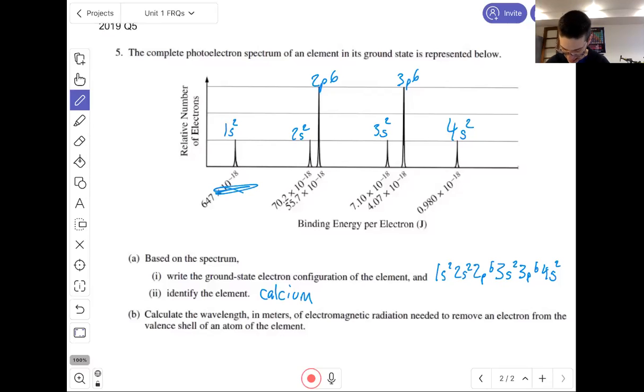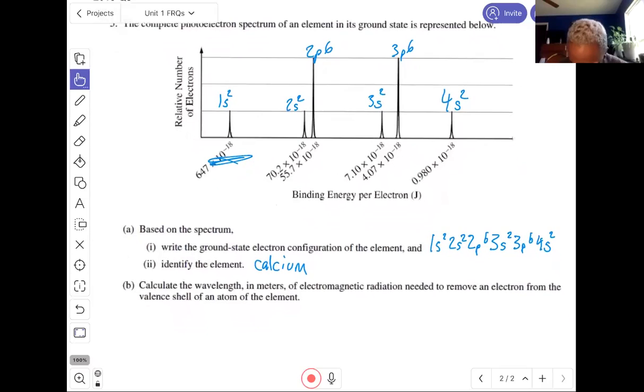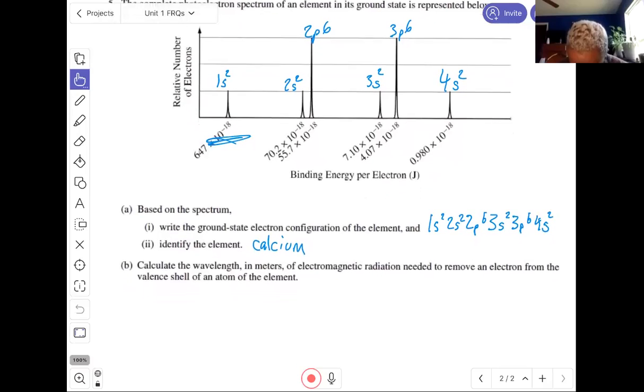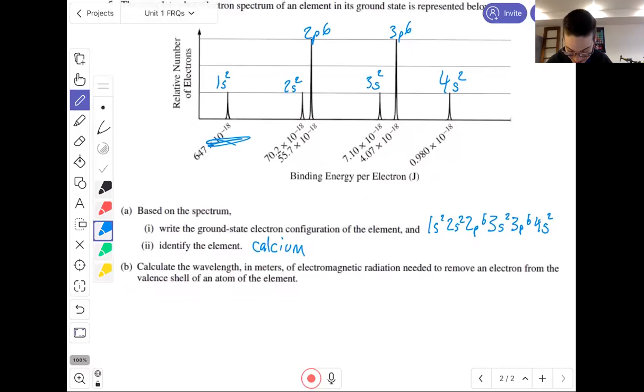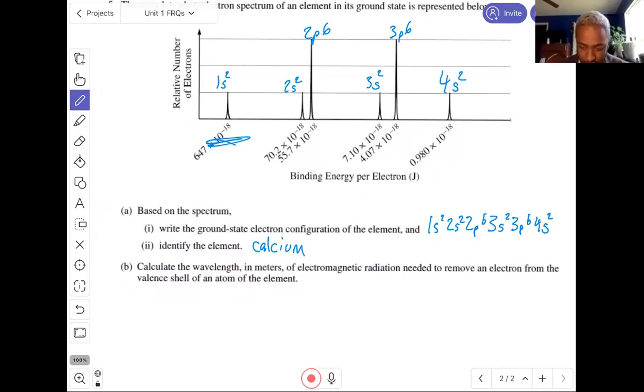And then this last question kind of threw people because they weren't expecting it, since it has been so long since a question like this has been asked. This is: calculate the wavelength in meters of radiation needed to remove an electron from the valence shell of an atom of this element.